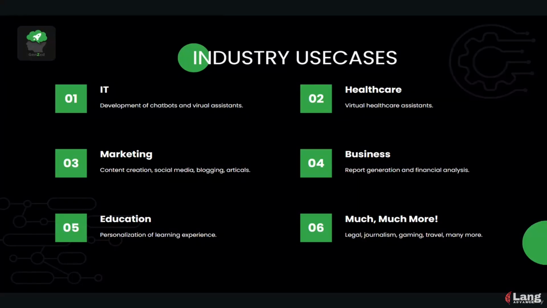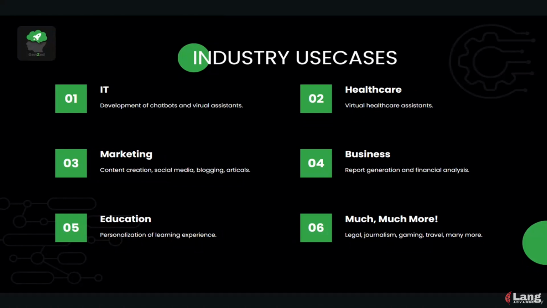ChatGPT has also completely disrupted the marketing industry, because a great use case for ChatGPT is content creation. The tool can be used to generate articles, blog posts, social media posts, and any other type of content quickly and easily.